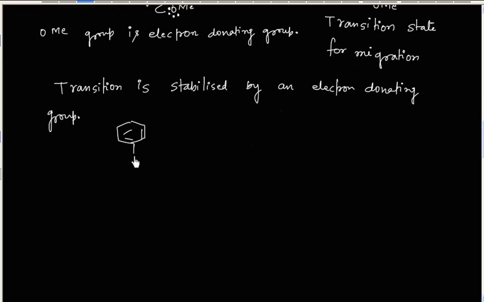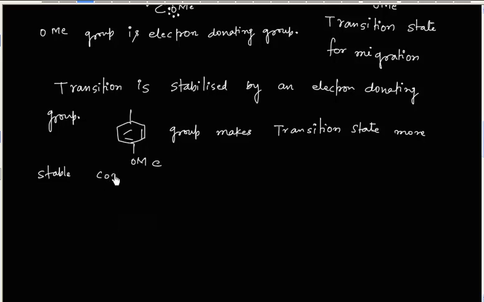So this group makes the transition state more stable compared to the phenyl group.